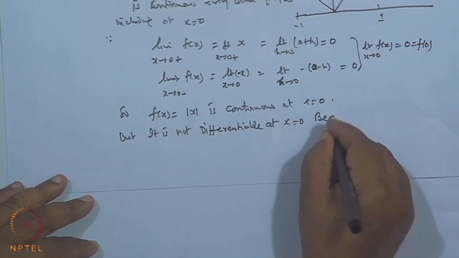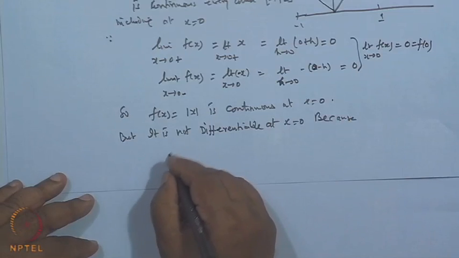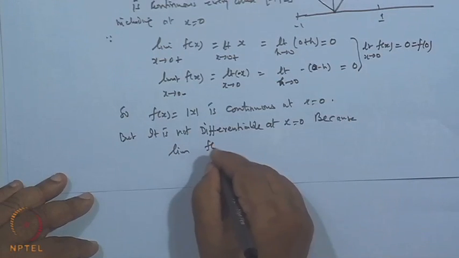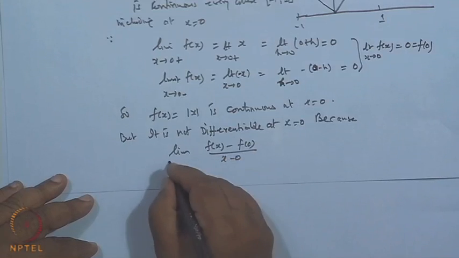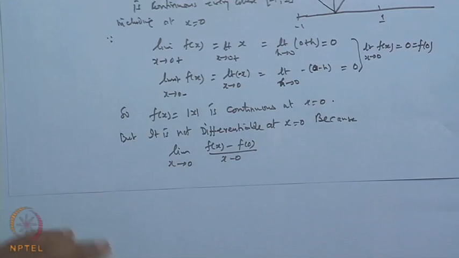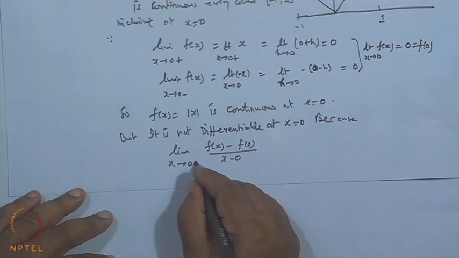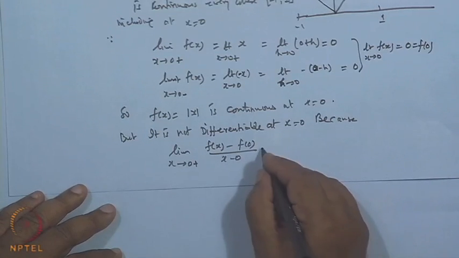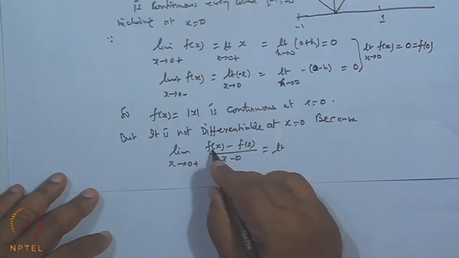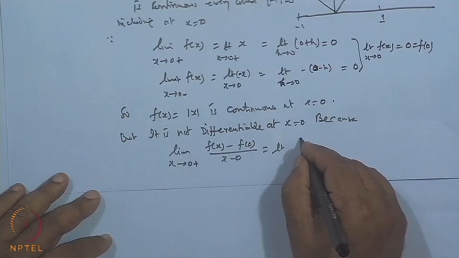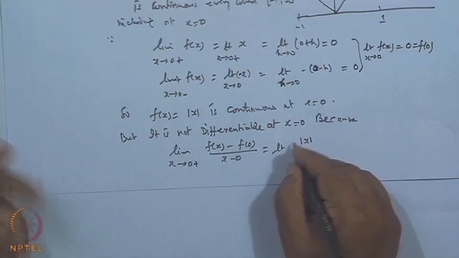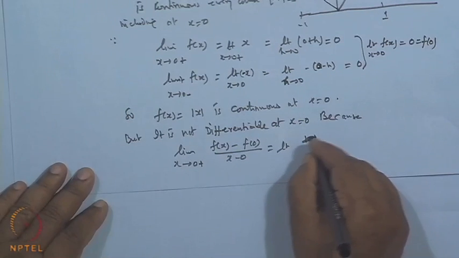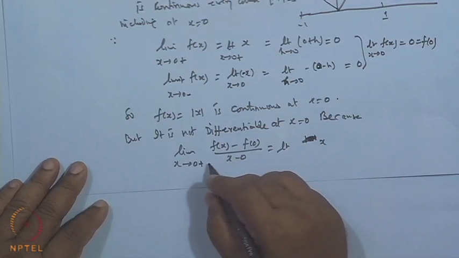The reason is, if we find the limit of (f(x) - f(0)) / (x - 0) as x tends to 0 from the positive side, what do we get? f(x) on the positive side is |x|, and |x| is simply x, because it is positive.